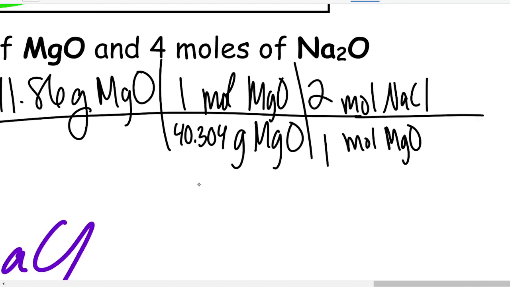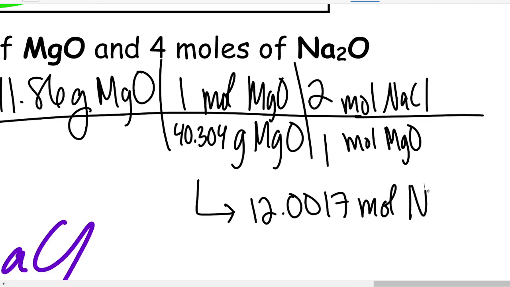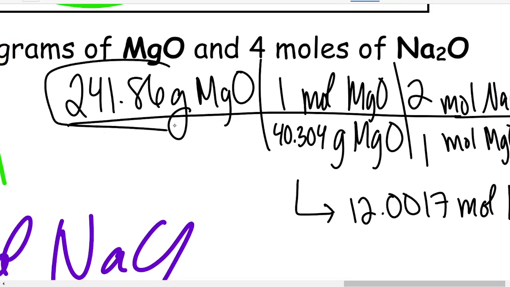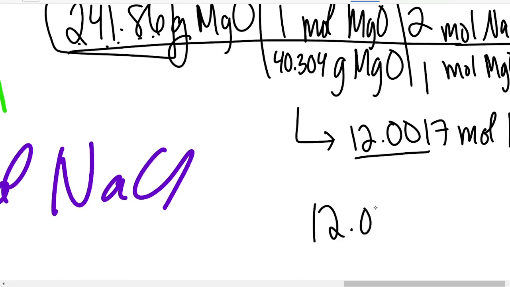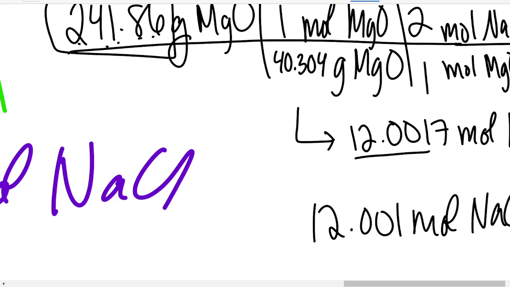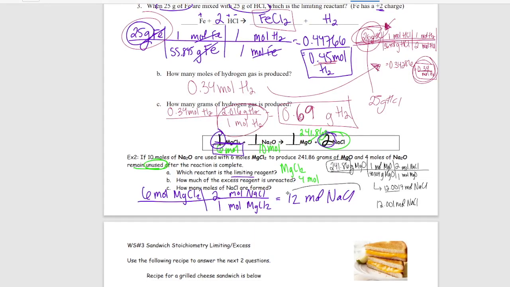So with that, I would get 12.0017 moles of NaCl. And if I round to 5 sig figs, that's 12.001 moles of NaCl. That is basically the exact same thing as the 12 moles that we already calculated. So either way that you chose to do it, you should have come up with 12 moles.